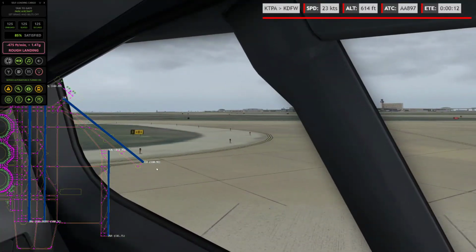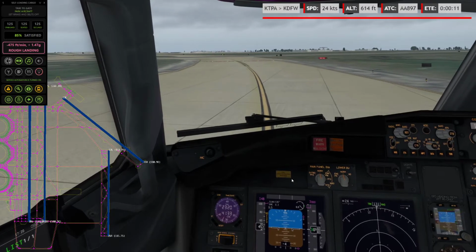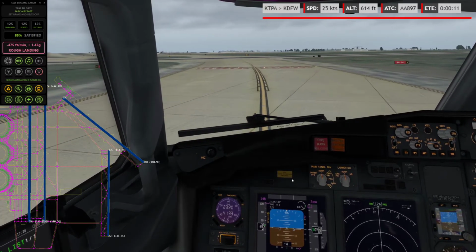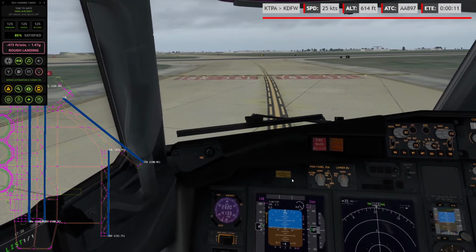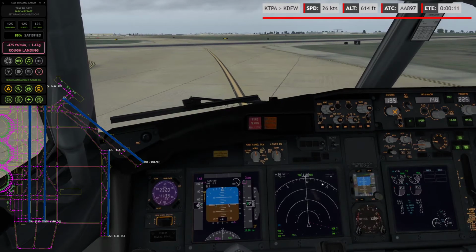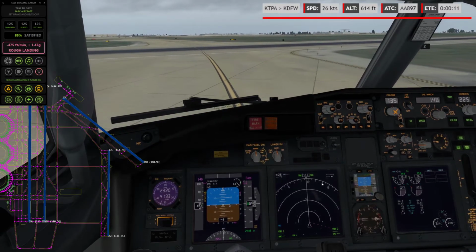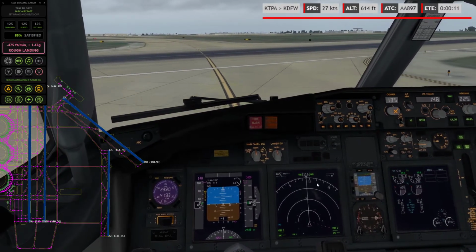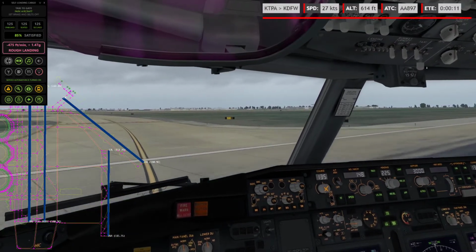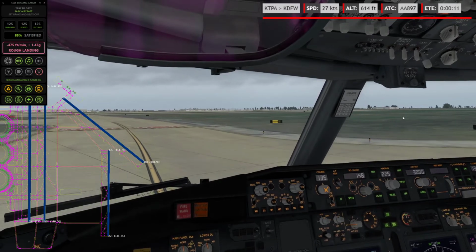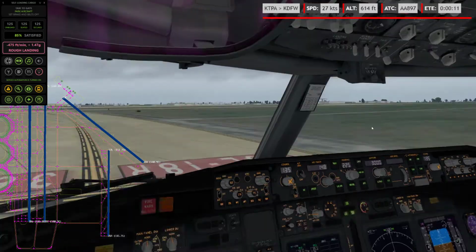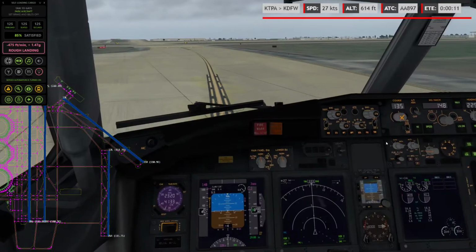Alright, clear right, clear left, runways clear. We can cross, what was that? 36 left. Approaching 36 left. We can turn on the APU as well. We are clear right, clear left.